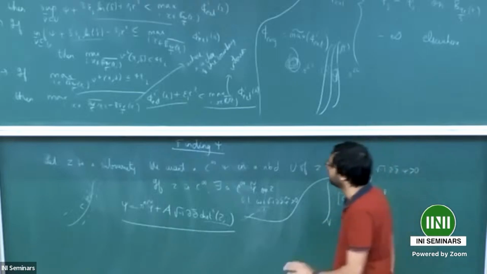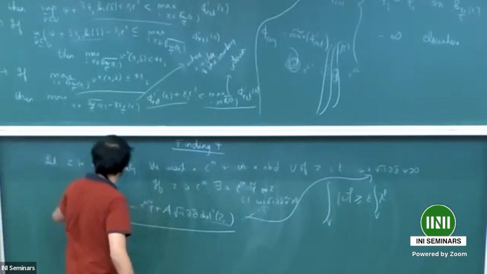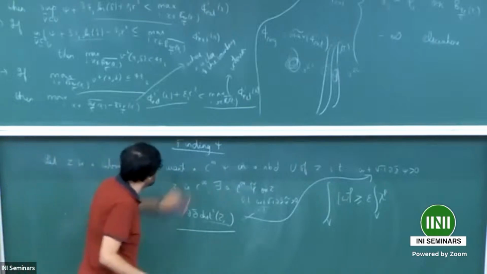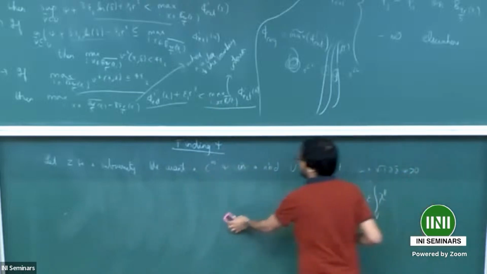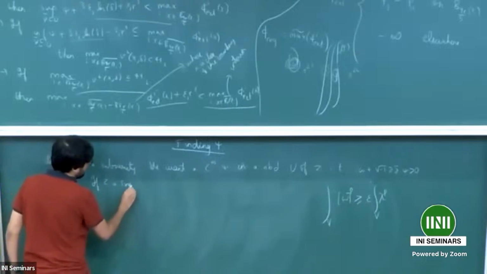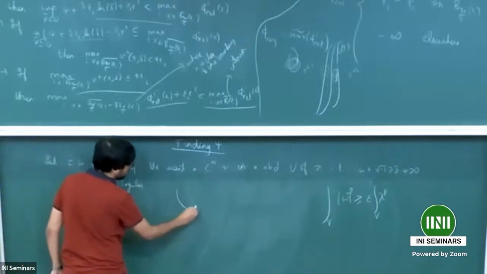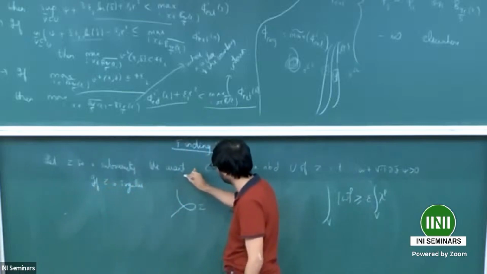So this is easy. Now the problem occurs when Z is singular. If Z is singular, okay, then what should we do? Obviously, we need to resolve the singularities.